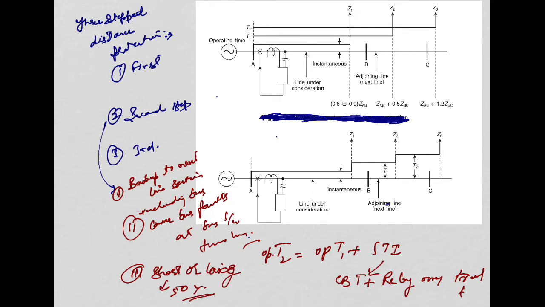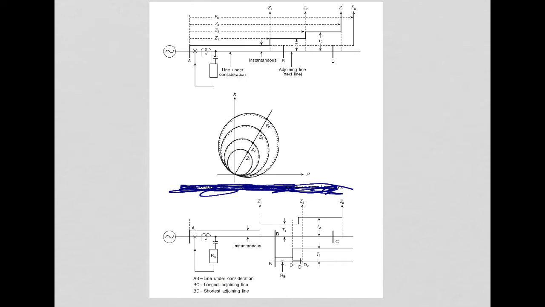As we can see from this diagram, we have one long line, that is B and C, and another short line, that is B and D. Now let us suppose that there is a fault in the region between D1 and D2, as is clear from here.